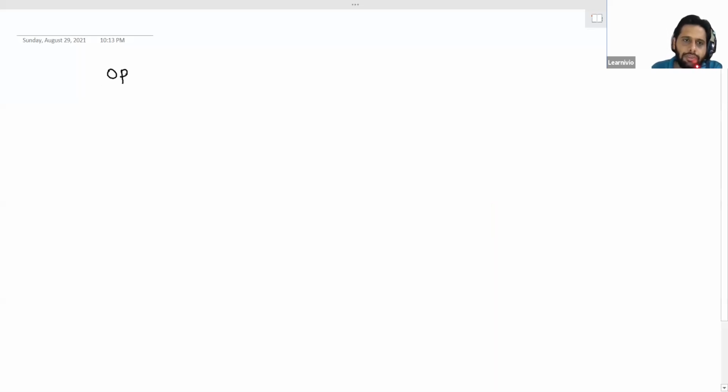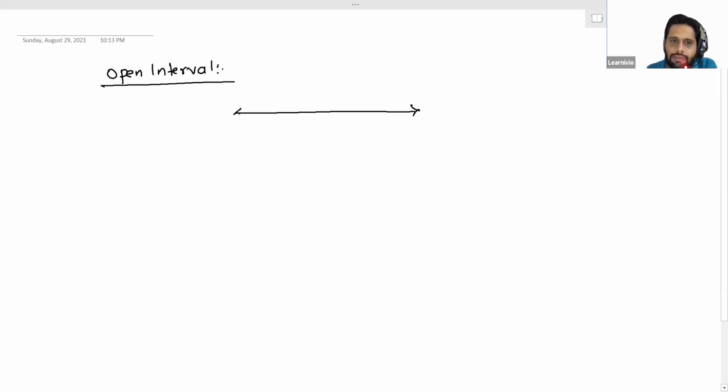Now, what is meant by open interval? For example, if we have this number line, this is minus infinity, this is plus infinity, this is 0, this is 1, this is 2, this is 3, this is -1, this is -2. Now, if our solution is this one from 1 to 3, okay, this complete one.